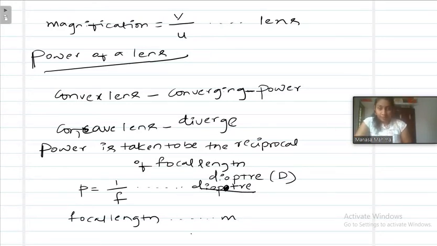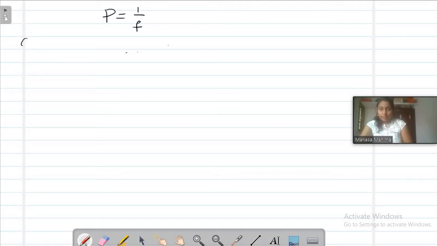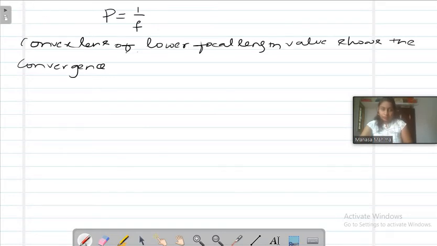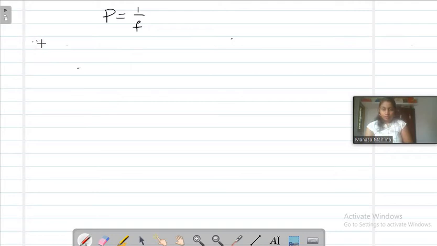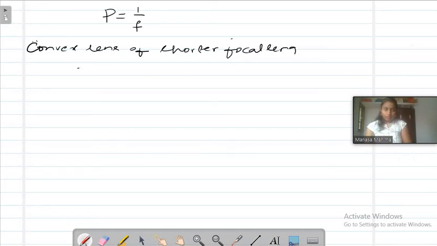Okay, see, if I take power is equal to 1 by f, here for a convex lens of shorter focal length, what does that represent?